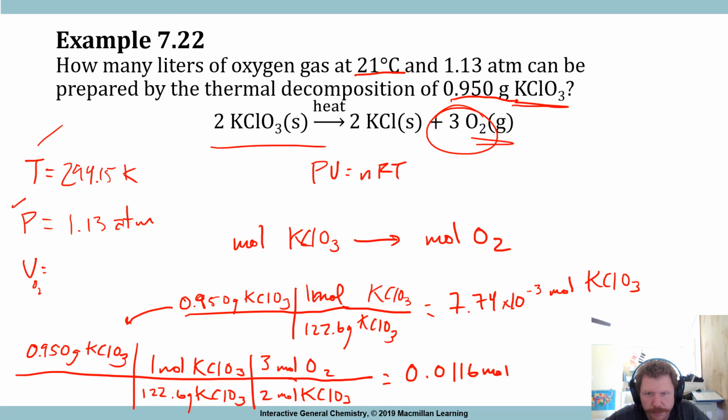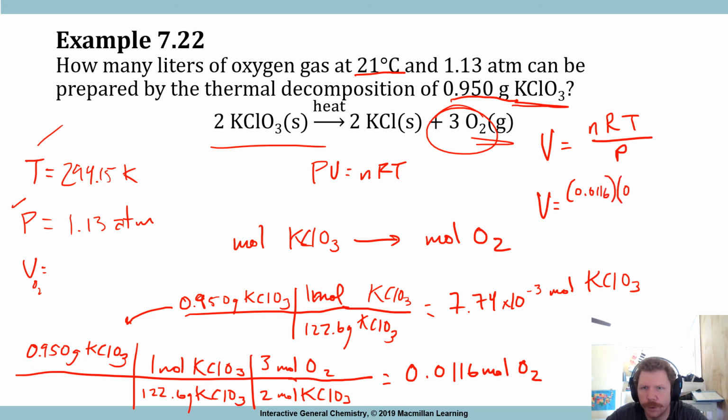0.0116 moles of O2. So once I have that, it's really just plugging it into the rearranged ideal gas equation. V is equal to nRT divided by my pressure. So V is equal to 0.0116, 0.08206, my temperature is going to be 294.15, divided by my pressure, which is 1.13.